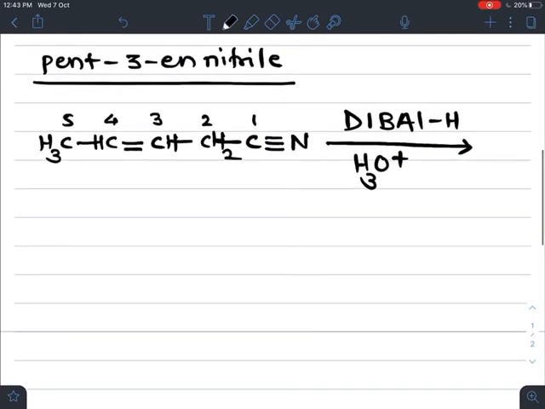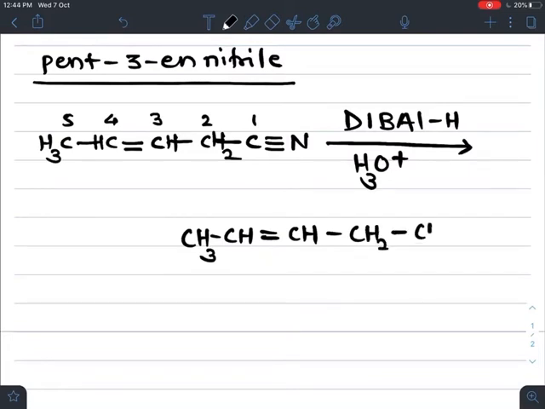So we get its corresponding aldehyde, and the formula of this aldehyde is CH3CH=CHCH2CHO, where the CN group is converted into a CHO group. The name of this aldehyde: 5 carbon containing straight chain, numbered from right to left, at carbon number 3 the alkene group is present, so ene, and at carbon number 1 the aldehyde group is present.